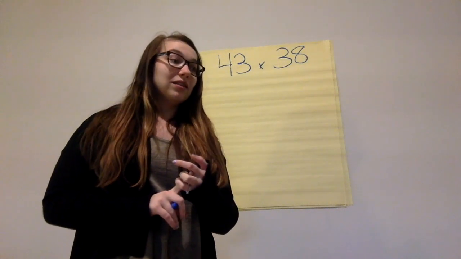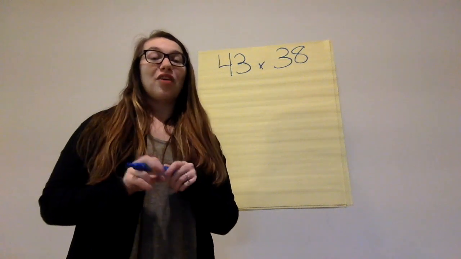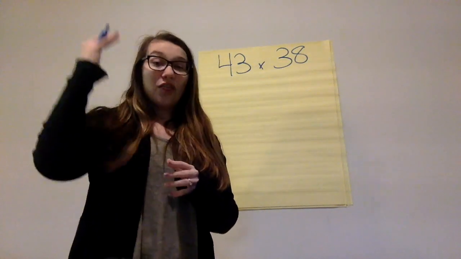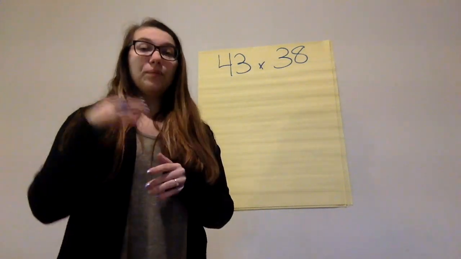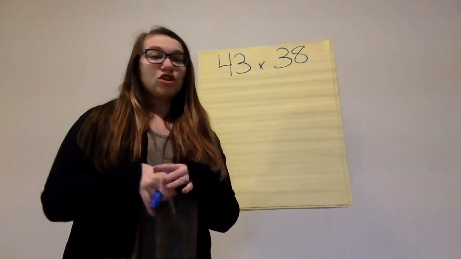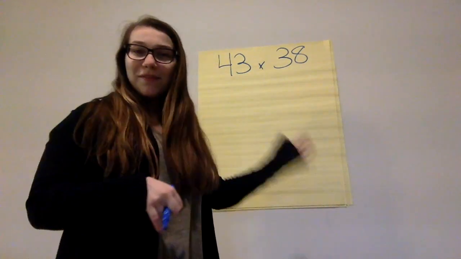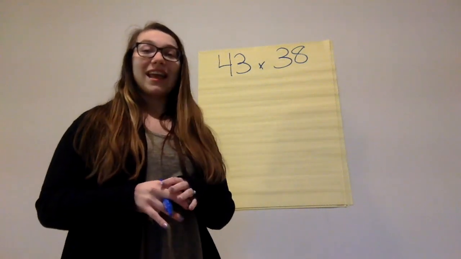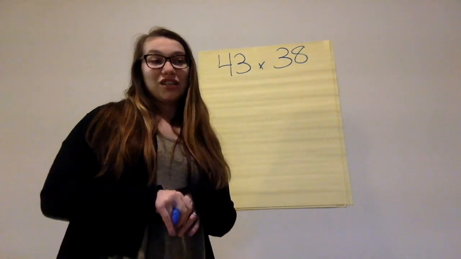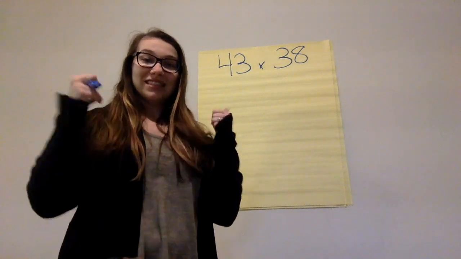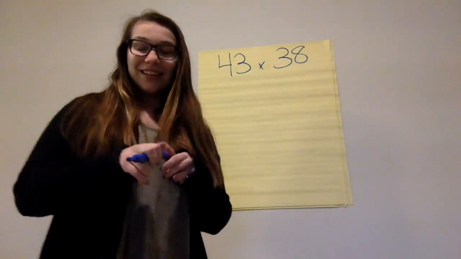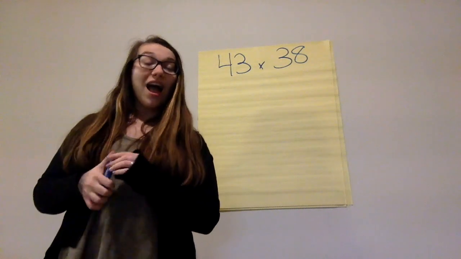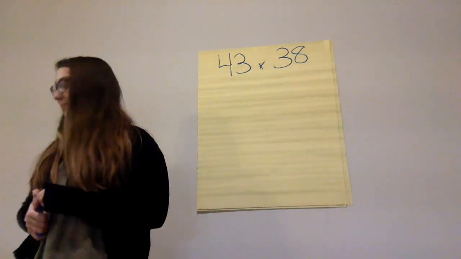Today, we are going to look at standard algorithm, which is probably the most advanced. If you're not there yet, don't worry about it, but grab a piece of paper and follow along. We'll go through it together, and then we will check our answers using area model to see if we got it right, okay? All right. I know I'm ready. I hope you guys are.